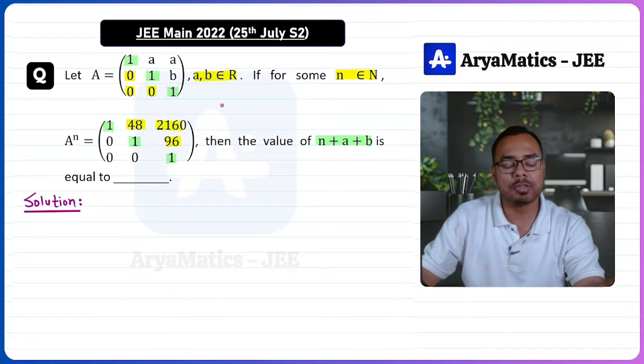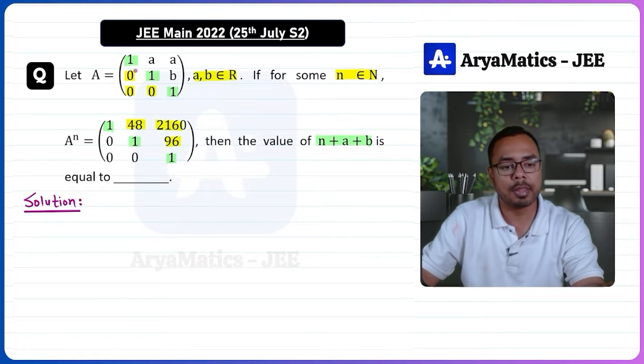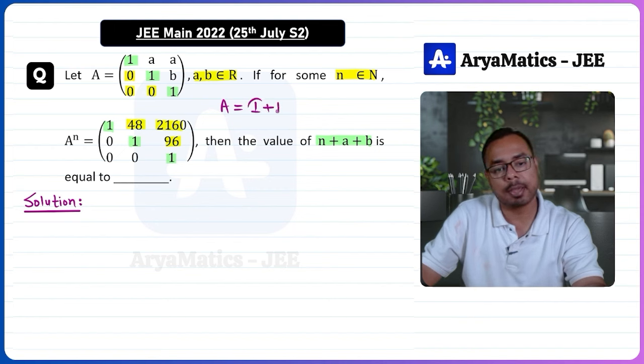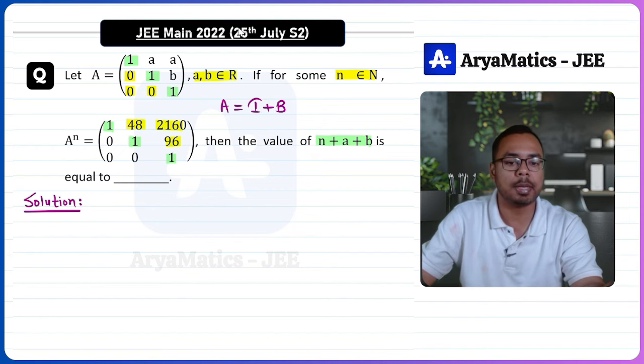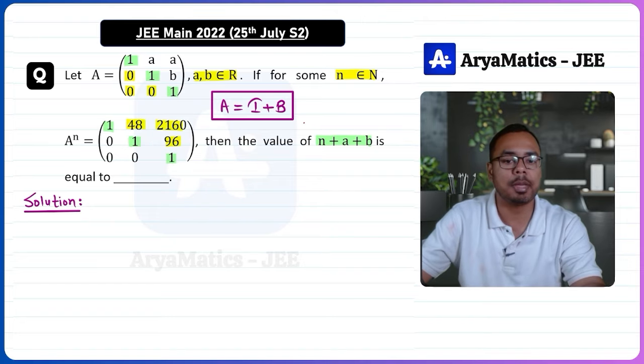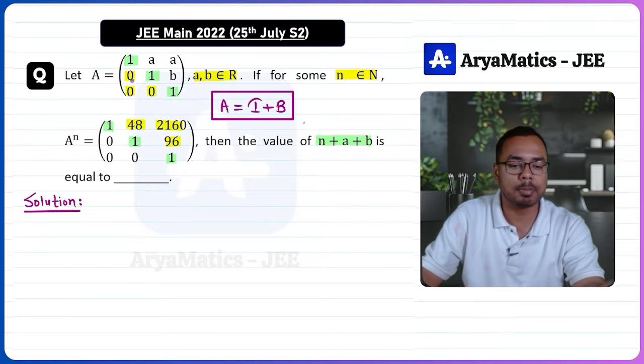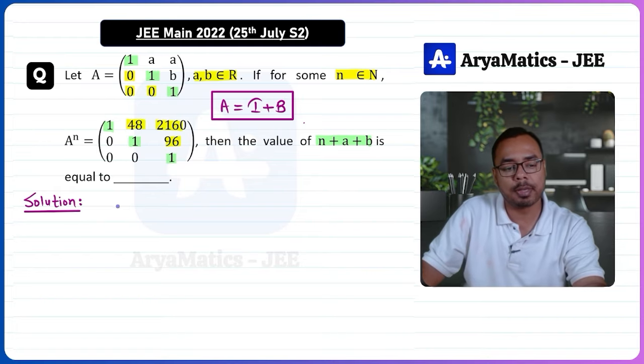Now in this problem, there is one important concept: for matrix A, the elements below the principal diagonal are 0, and on the diagonal we have 1. So we can write this matrix A as identity matrix plus some other matrix B, right? If I break this matrix A as I plus B, then clearly you can see that matrix B will be such that the 1 1 1 on the diagonal is taken care of by the identity matrix. So the other matrix B will have 0 on the diagonal.